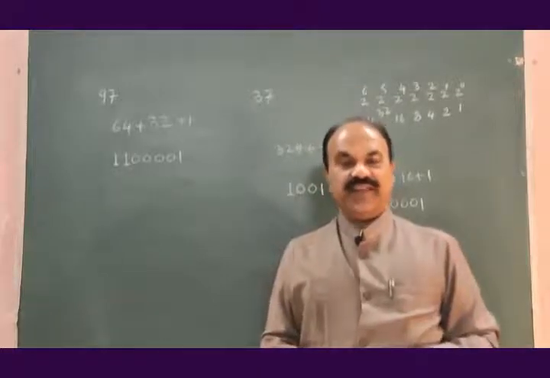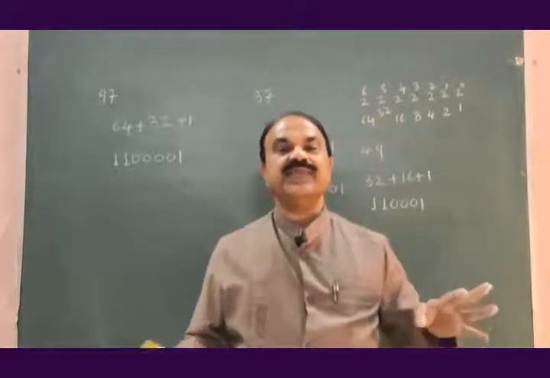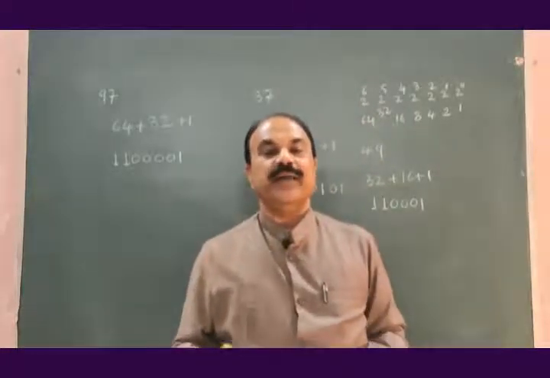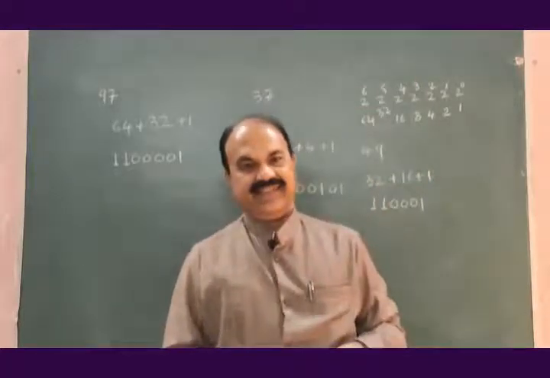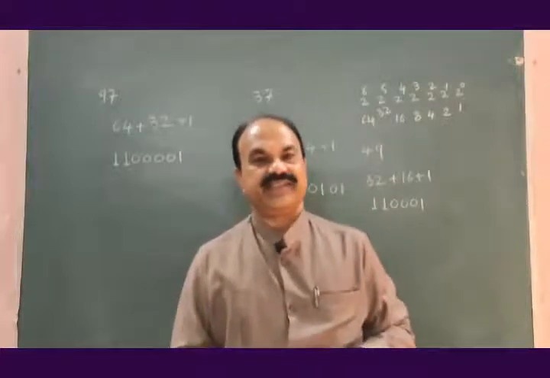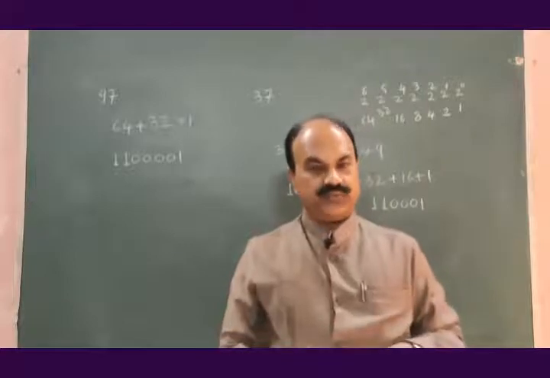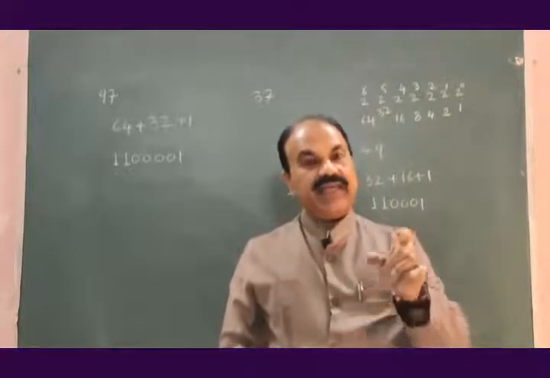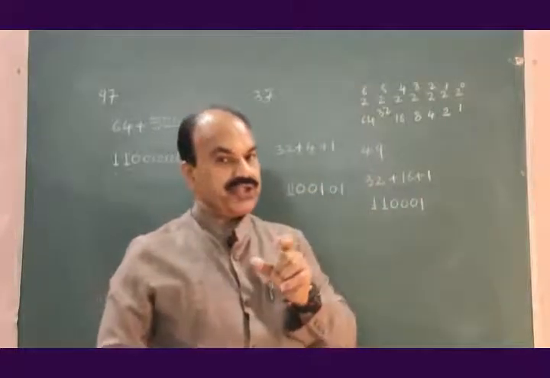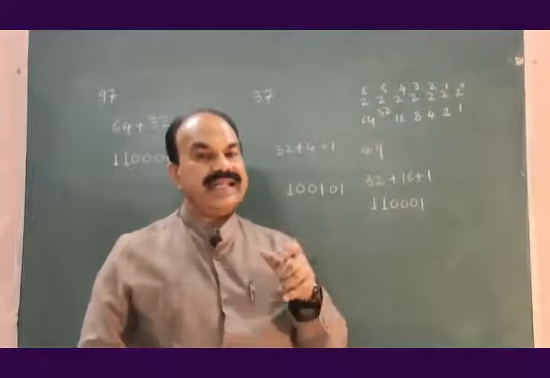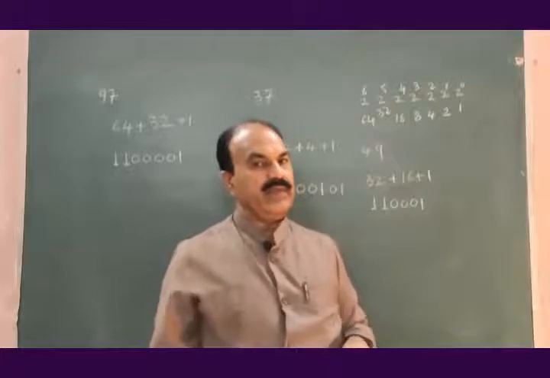When the quotient becomes 0, stop the successive integer division by 2 and collect the remainders you noted during the successive integer division by 2. That will be the equivalent binary of the given decimal number. This is the procedure for conversion of decimal numbers to binary numbers using the double table method.